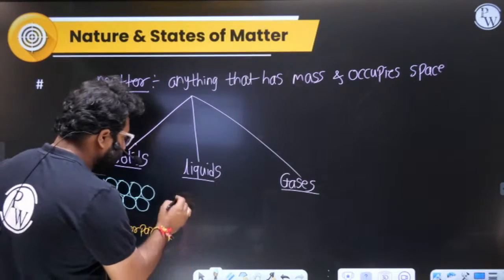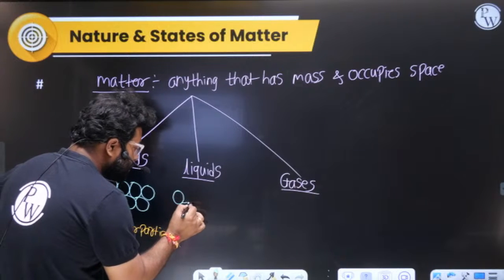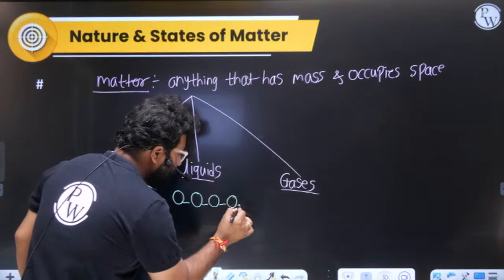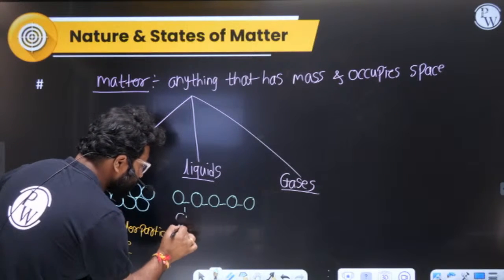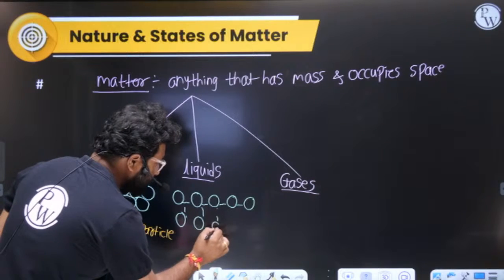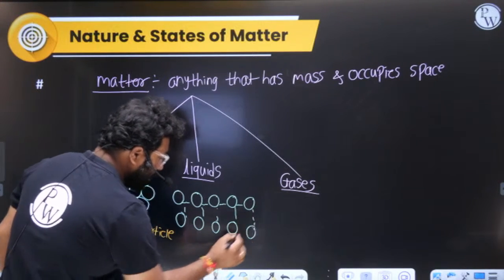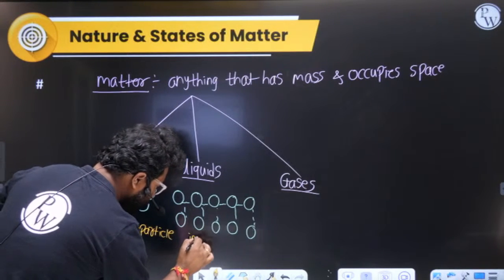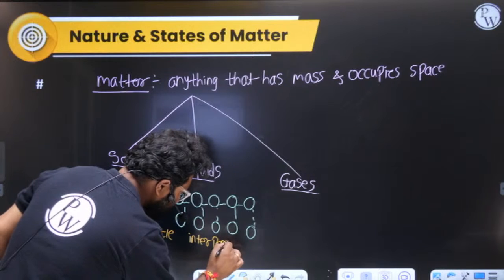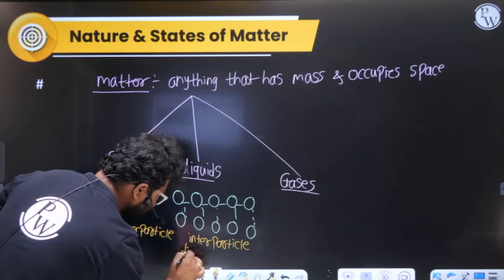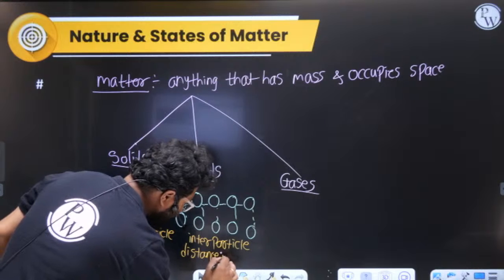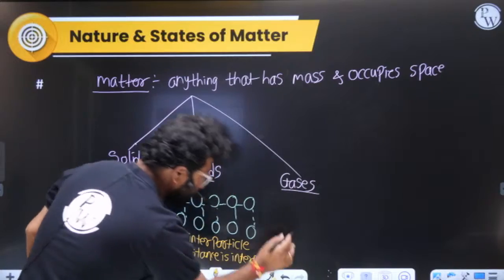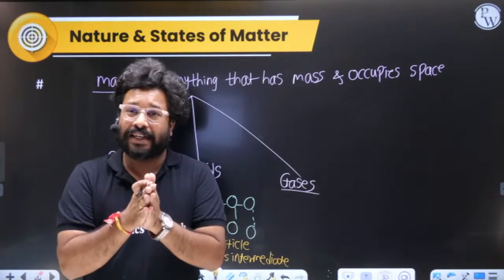As far as liquids are concerned, the particles are a little separated. They have some space in the liquid medium. So you can write here that interparticle distance is intermediate, right?